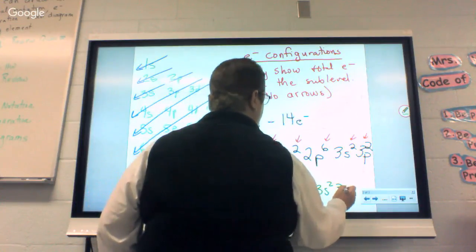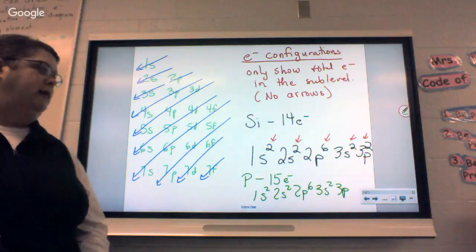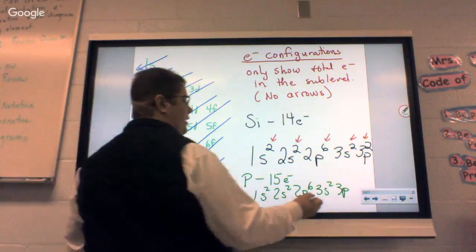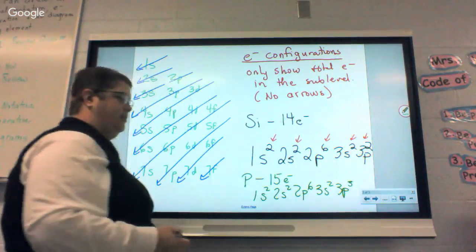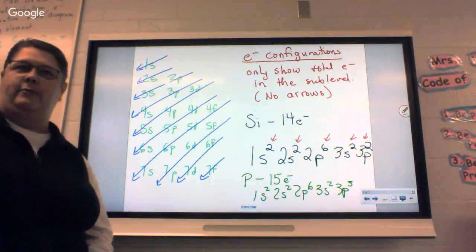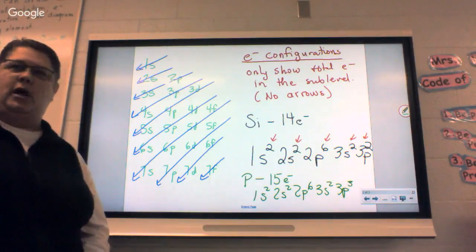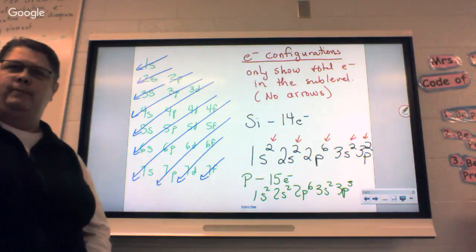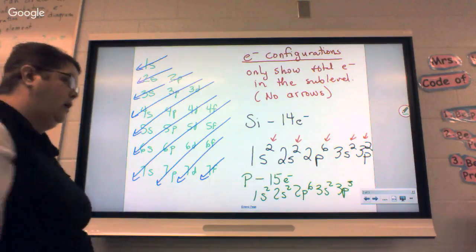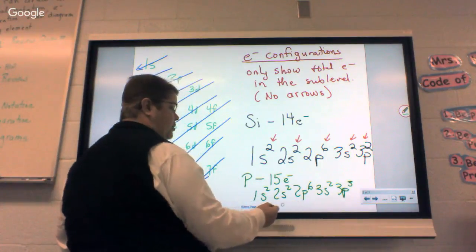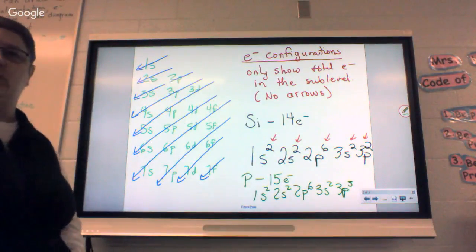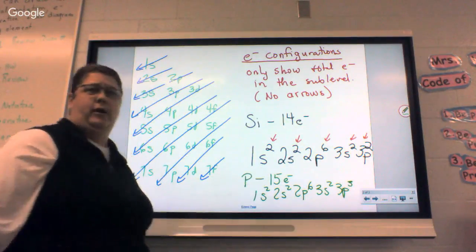But this time I would need my p to end on what to get 15 electrons instead of 14? I would need it to end on 3, so it adds up to 15 instead of 14, right? So it can be an odd number. What's on the p? Now you wouldn't change back here because you need those to be full. You only change the last one so that it totals whatever the atomic number is.